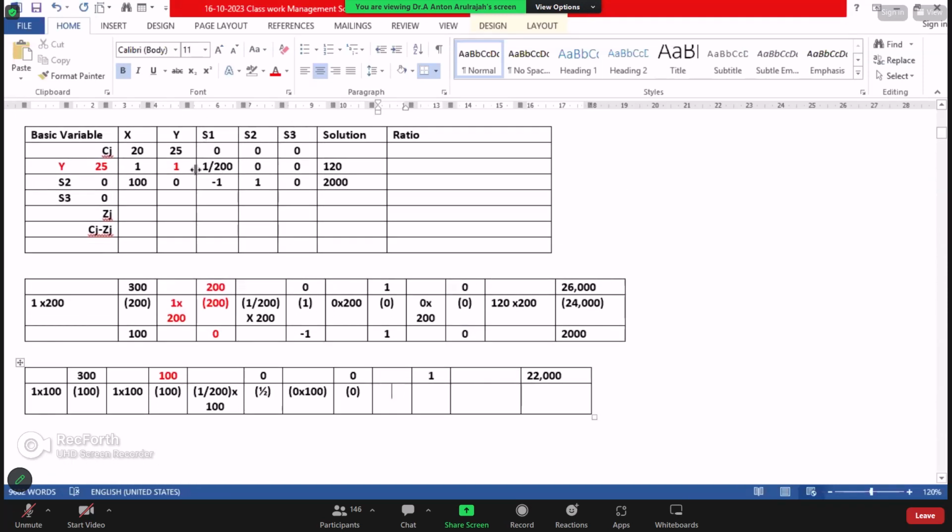This one is finished. 0 into 100 is okay. Then it is 0 into 100, and that is also here.